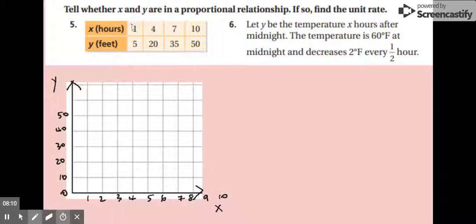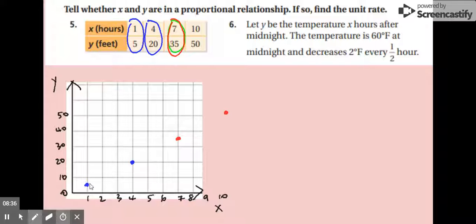Okay, the first one, (1, 5), here. And (4, 20), and (7, 35), it's here. And (10, 50). So it should be up here.